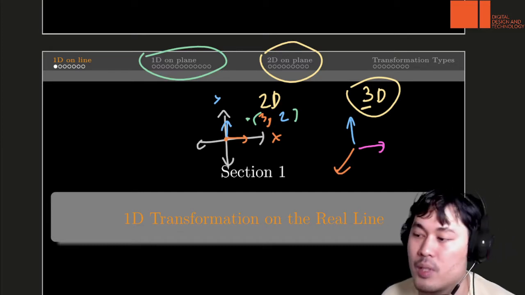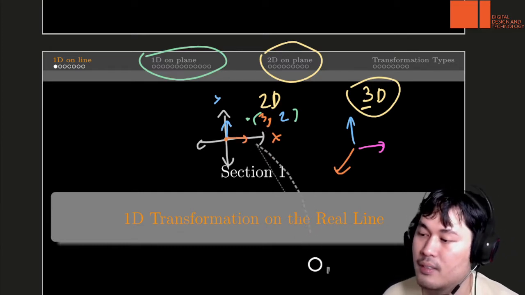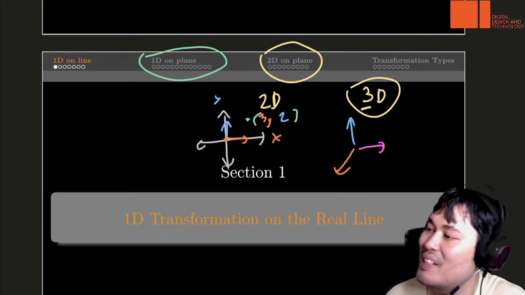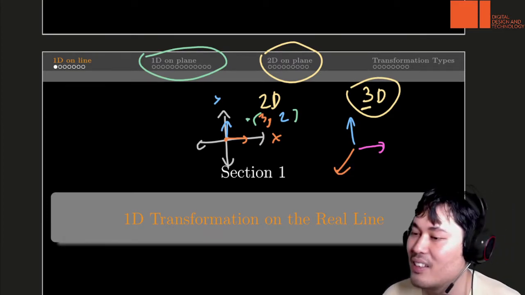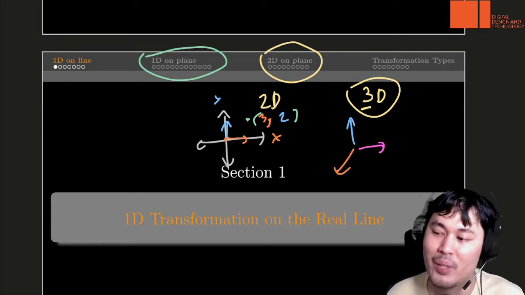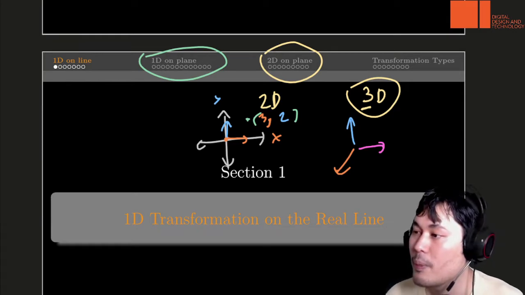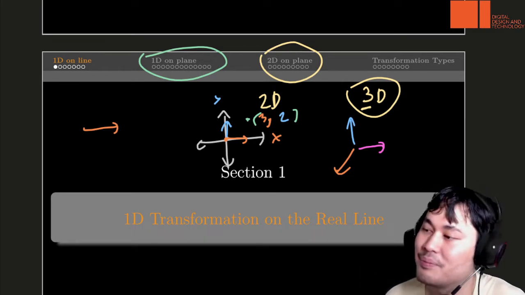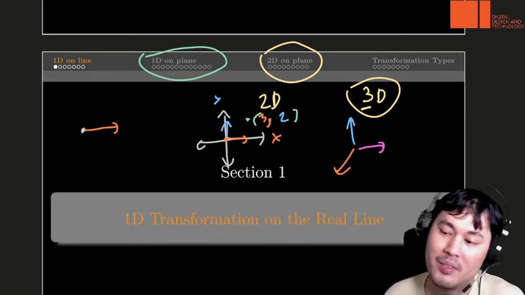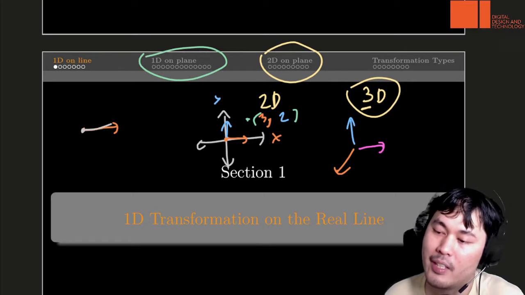So that's two dimensions, which we're going to visit in a bit, but we have to go back a step and think about one dimension. One dimension means there's only one direction we can move in. If you move in this direction, that's all you can do, but you can still move further away from that point.